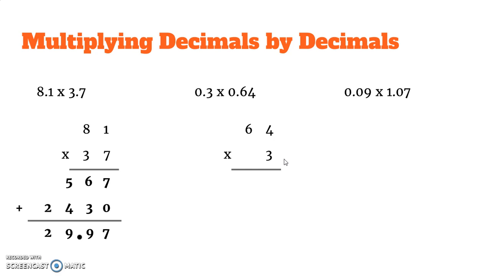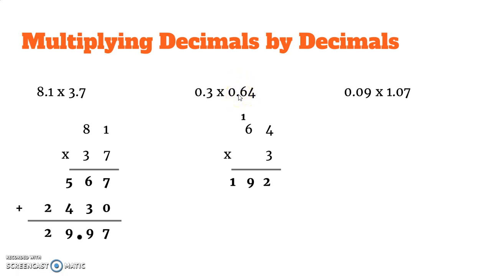4 times 3 is 12, carry the 1. 6 times 3 is 18, plus 1 is 19. So I know the number part of my answer is 192. And again, I've got to figure out where my decimal point goes. Well, if I look back at my problem, I've got tenths times hundredths.